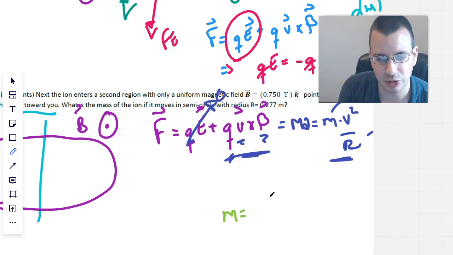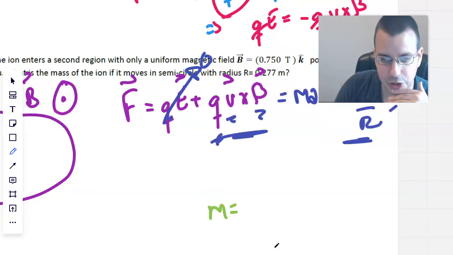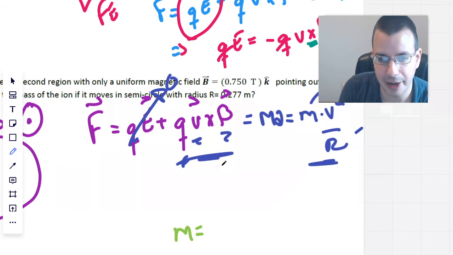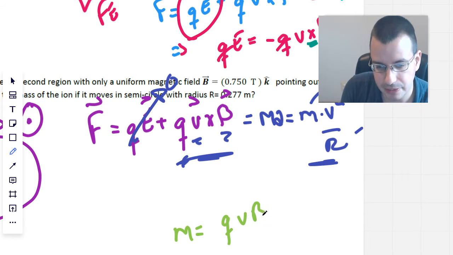mass. I don't like this green color. That's okay, I'm not going to switch horses midstream. So we got mass equals QVB.